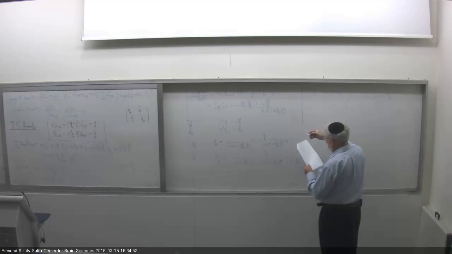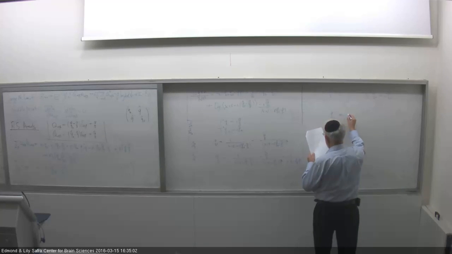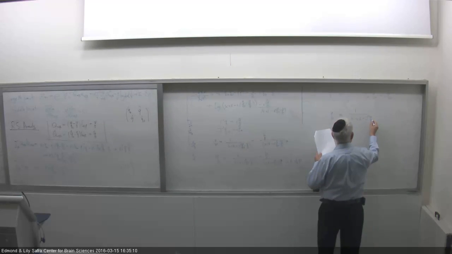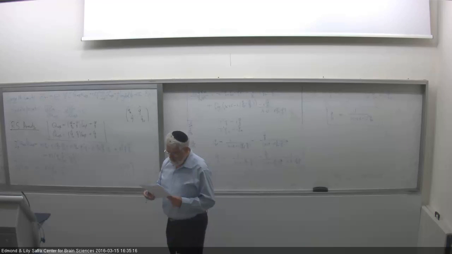And finally, you get this equation: I Q0 equals 1 over lambda minus I epsilon minus J squared Q0. This is the final equation.